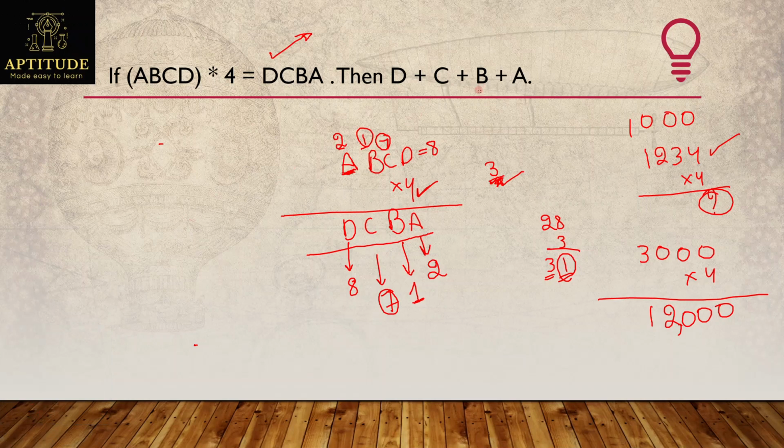Let's see. What is the question? D plus C plus B plus A. D value is 8, C value 7, B value 1, A value 2. So we'll get total answer as 18.